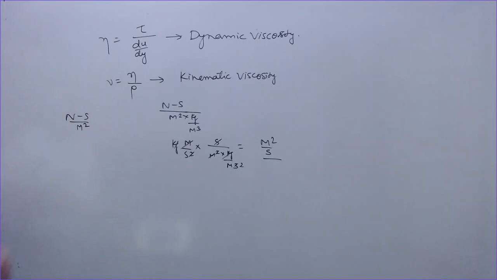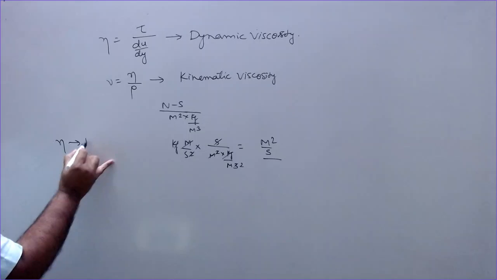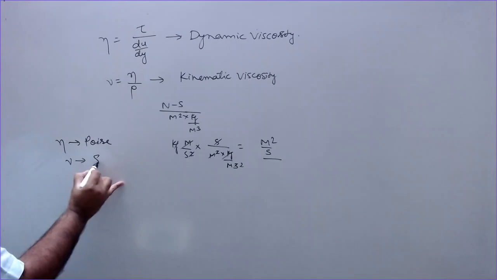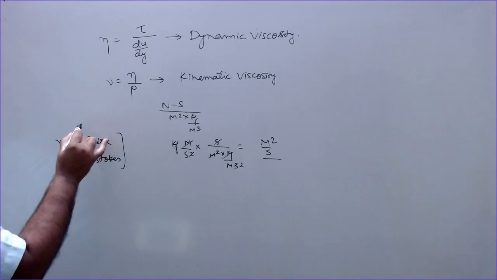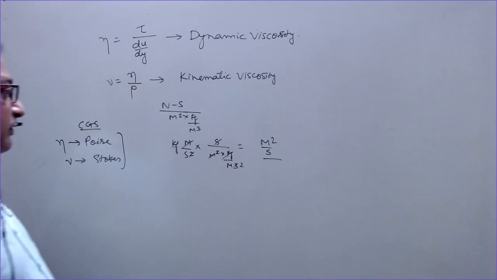So these are the two methods to measure the viscosity, and these values will be given to you while solving the problems. You can also find the Cgs units of viscosity. The Cgs unit of eta is poise, and that of nu, kinematic viscosity, is Stokes. Sorry, these are not SI units, these are the Cgs units, because sometimes you will also find the value given in this form.